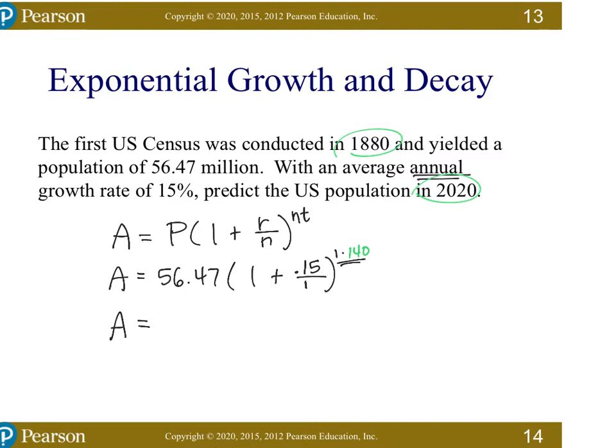So if your calculator is like mine, you're going to get 1.77629 E 10, which means times 10 to the 10th, which means I'm moving my decimal place 10 spots to the right.